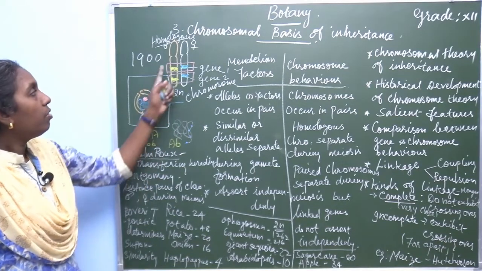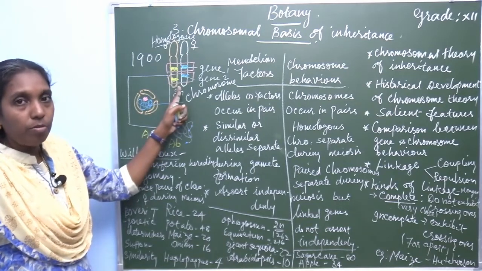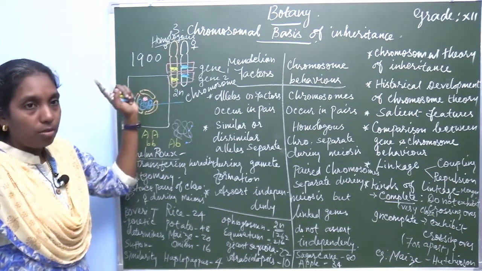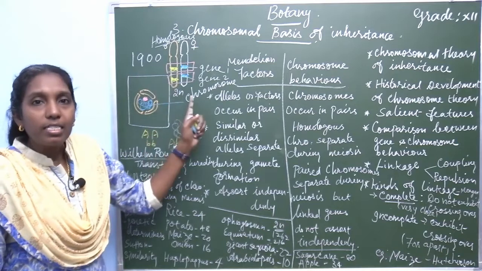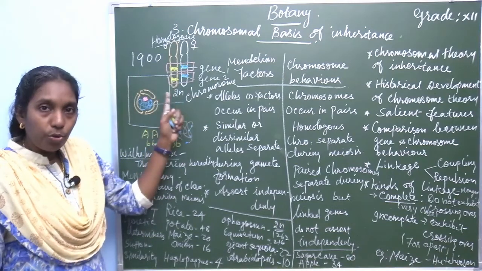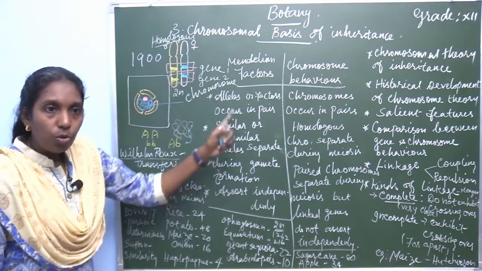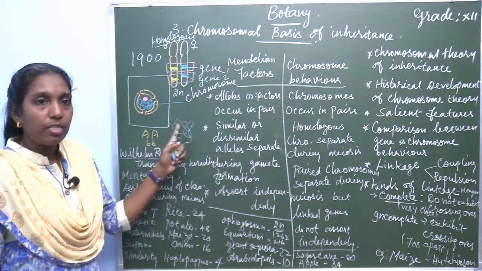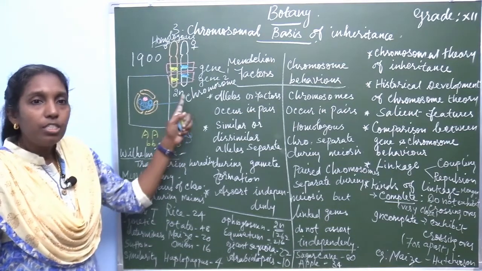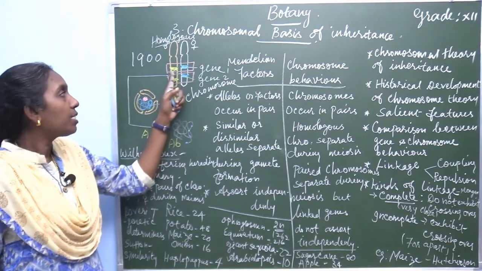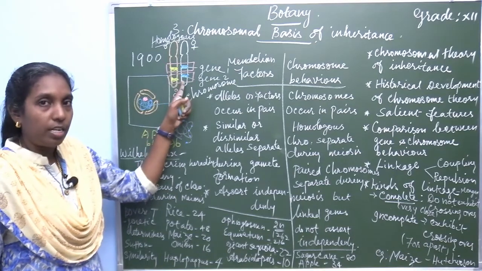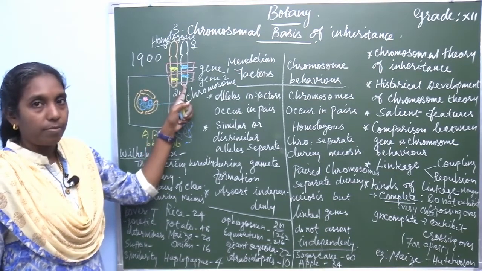So first tell about the homologous pair of chromosomes, then the chromosomes retain their structural uniqueness throughout the life cycle, and each chromosome carries a specific position or locus.